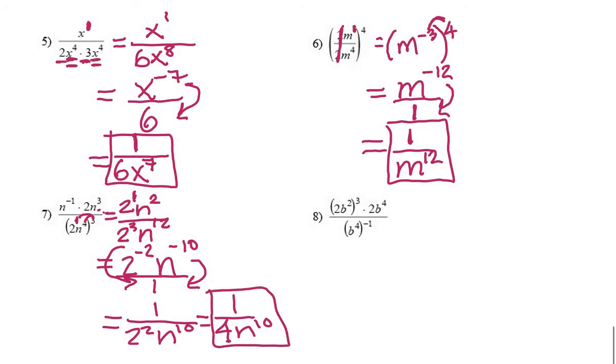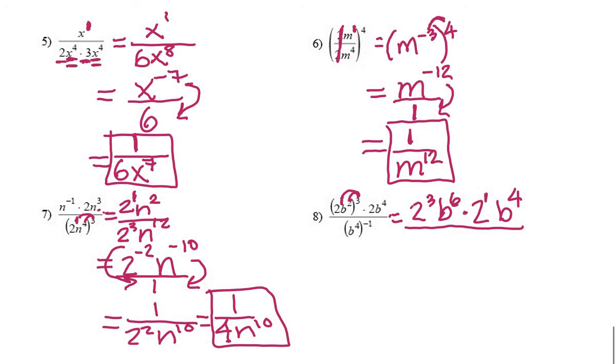All right, last but not least, problem 8. Let's see, first let's work with the top, and I'm going to put a 1 as the exponent for 2. Do 3 times 1, that's 2 cubed. Then b to the 6th, times 2 to the first power since it doesn't have an exponent there, b to the fourth.